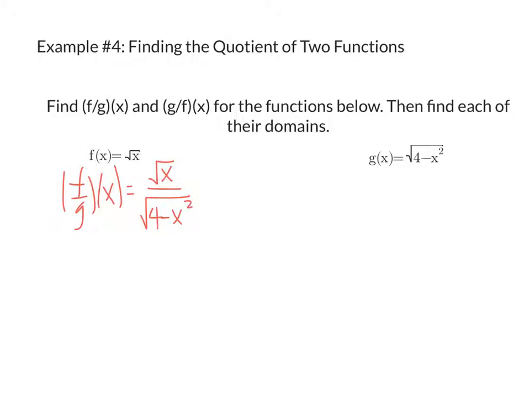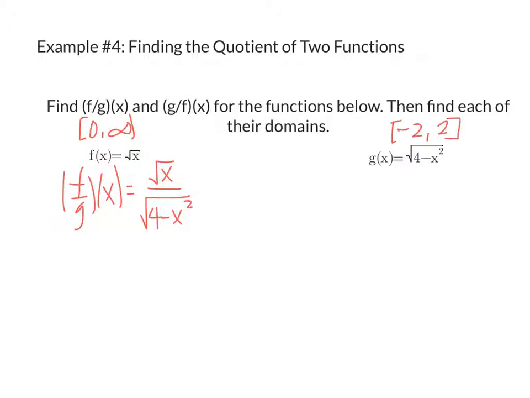Now that's fine, but as far as our domain goes, first it's best to find the domain of each function separately. So the domain of f of x is from 0 to positive infinity. And then the domain for g of x, remember with this one, you can graph it and you'll see it as well, but it is from negative 2 up to positive 2.